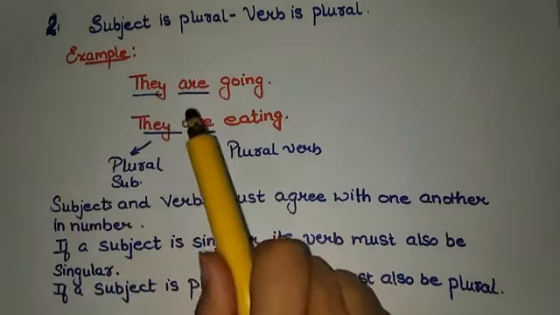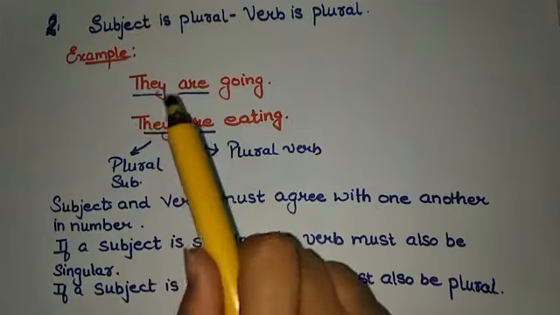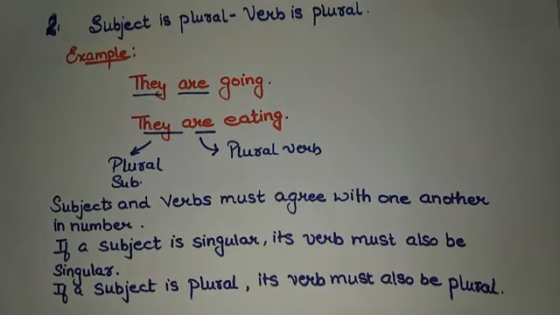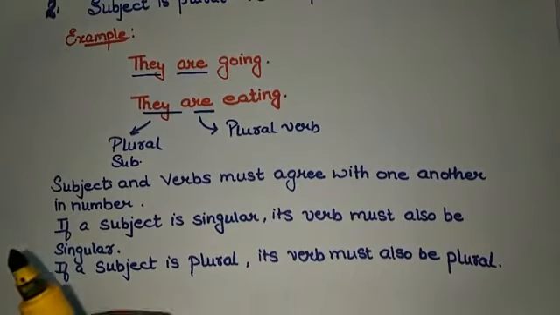So I have to use are because are is a plural verb. Subject and verb must agree with one another in number. Like if the subject is single, the verb should also be single. And the same goes for a plural subject. If the subject is plural, its verb must also be plural.